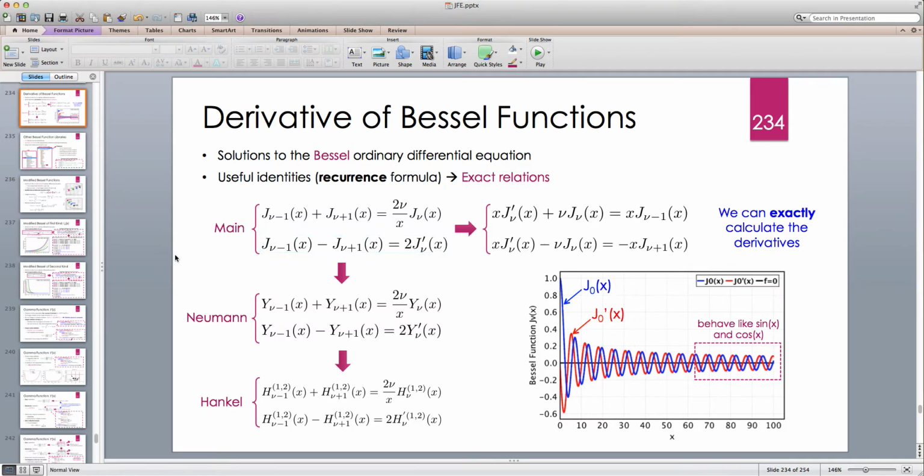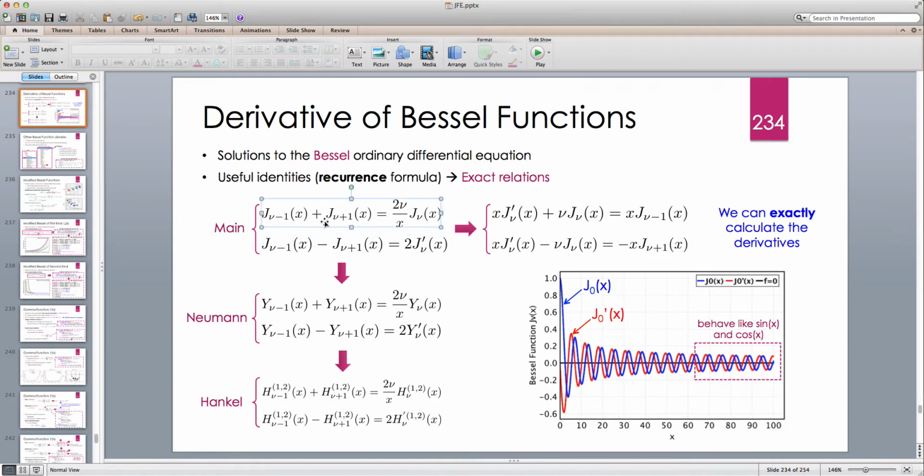But that always gives me an approximation for the derivative j prime nu. This relation tells me that j prime nu is 1/2 of j nu minus 1 minus j nu plus 1, and this is exact. And I already know how to calculate j nu minus 1 and j nu plus 1, right? We spent quite some time developing a very efficient way of calculating Bessel function j.